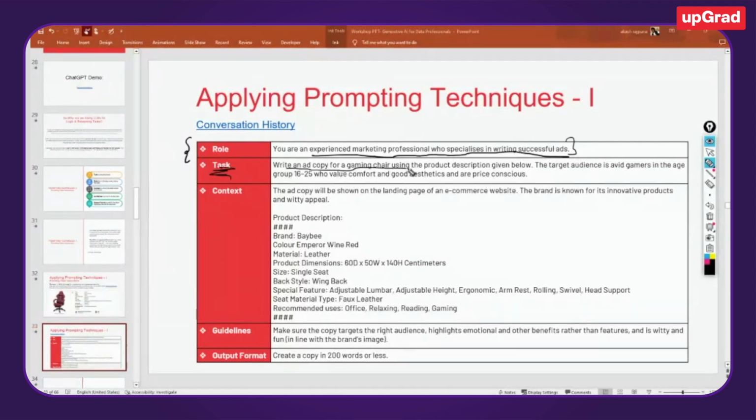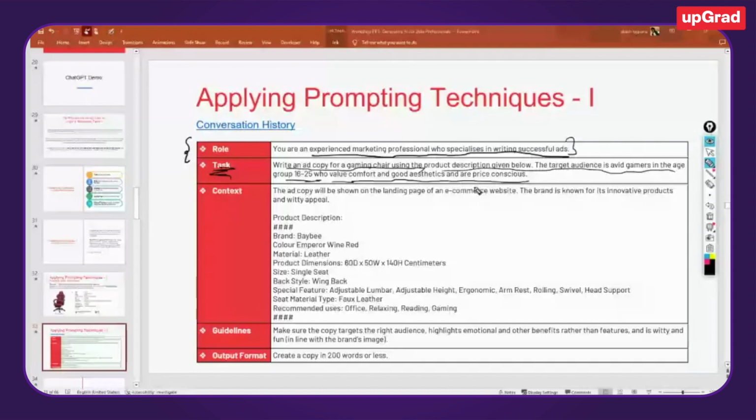Write an ad copy for a gaming chair using the product descriptions given below. The target audience is avid gamers in the age group of this, who value comfort and good aesthetics and are price conscious. So you explain it very clearly what the age group and the audience are. Okay, we want it to be very price conscious. We cannot buy a 70 or 80,000 rupees chair.